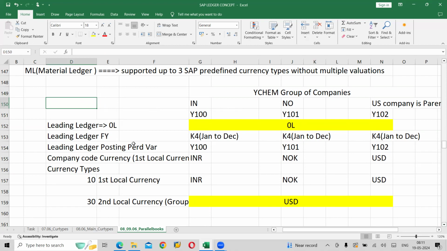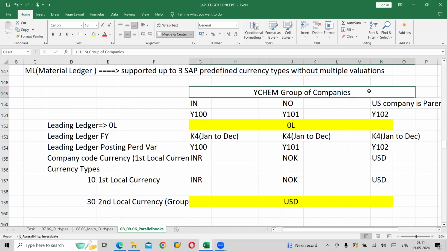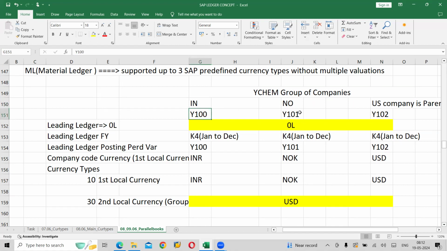So that's the reason you can make it as located in India, located in Norway, and located in US. YCAM group of companies is a parent company. India is having 1 subsidiary company. Norway is 1 subsidiary company. And US company is a parent company. Y102 is my parent company. Clear? Any questions on this? So this is nothing but my company codes, legal entities.